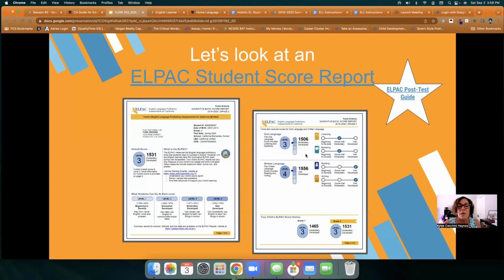All right. Now, if they've taken the LPAC before, as apparently Yuma has, she took it in first grade, the other scores will be down here showing. This way you really can see growth, hopefully, for a student, that they are moving up rather than stagnating or even falling.